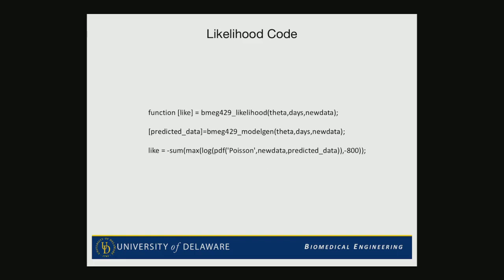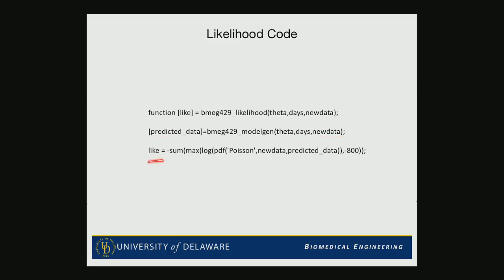And then you have here predicted data. We use that previous code with our guess at theta, and these two things are going in there but they're not actually being used by the prediction. They're just going in there so that I have the same inputs to all of the equations. It just uses theta and then generates a set of predicted data at the same time points as the new data, so it can compare the two.